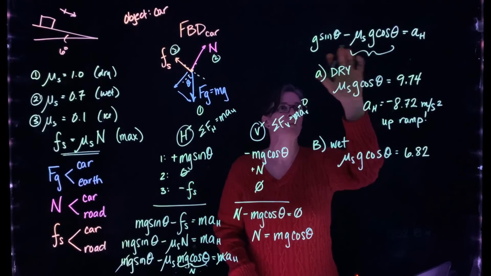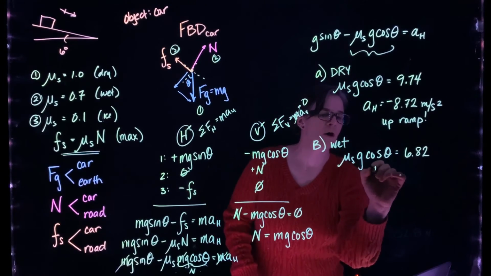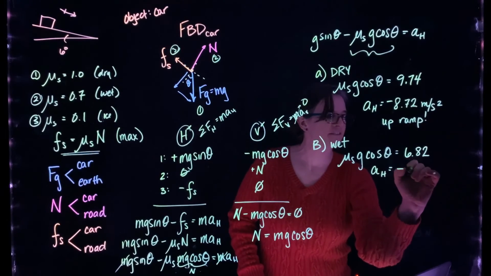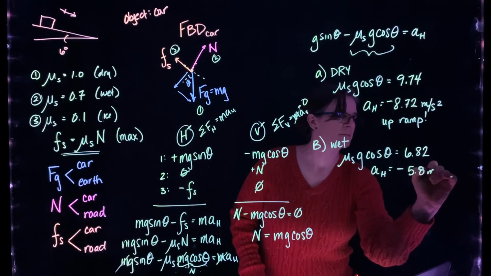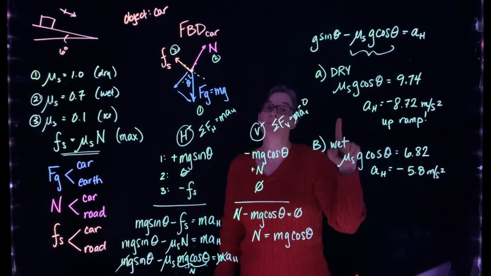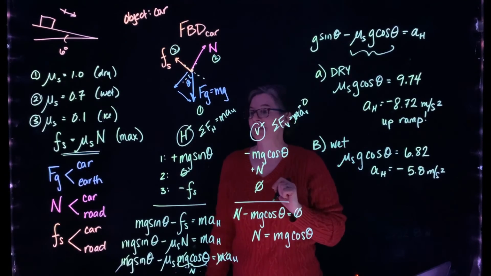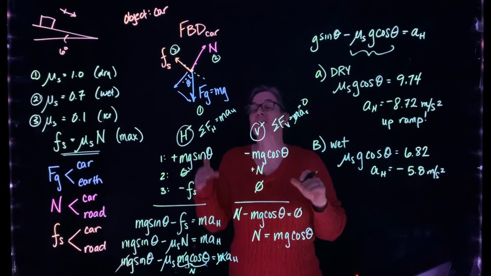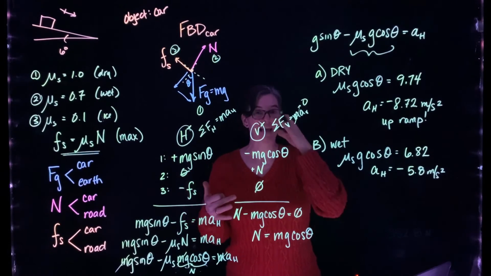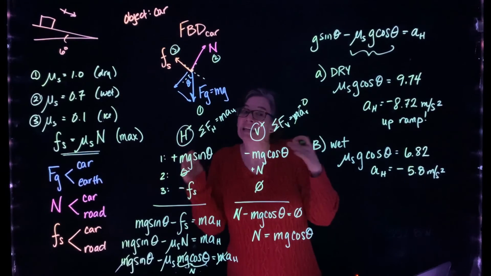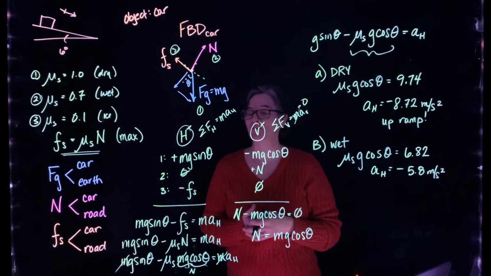And when I plug that into my relationship, we find the acceleration to be negative 5.8 meters per second squared. So the acceleration is still up the ramp, but it's not as big. And so on wet pavement, we do not get as large of a slowing down as the car moves down that ramp. And that's to be expected. We don't slow down as fast on wet pavement.